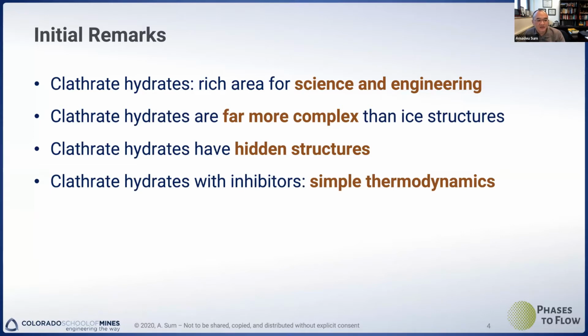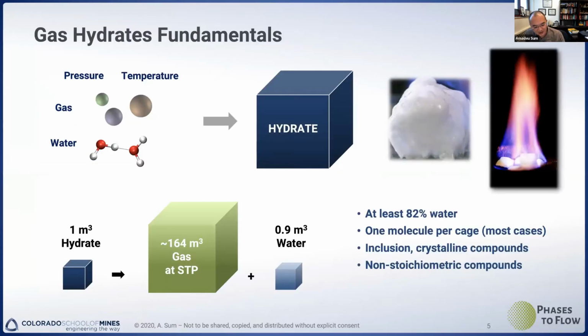Okay, so since there's people from various backgrounds in here, and even though there were some talks about clathrate hydrates, I want to give you my introduction to it in terms of what they are. And we are going to be talking mostly about the gas clathrate hydrates.